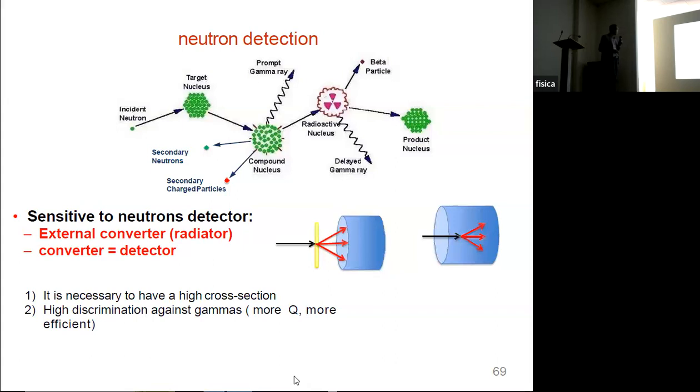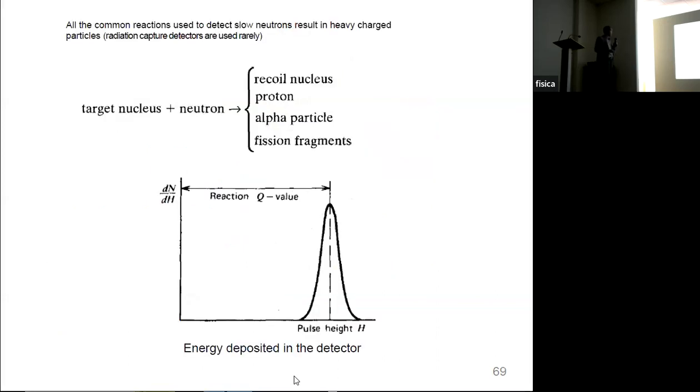This material and all detectors of this type have to be quite competitive in order to suppress gamma rays and distinguish between neutrons and gamma rays.